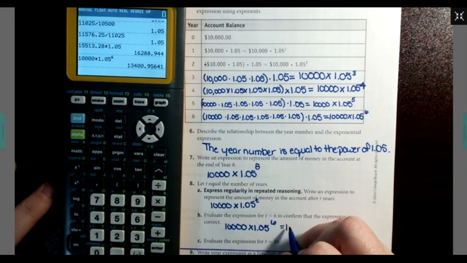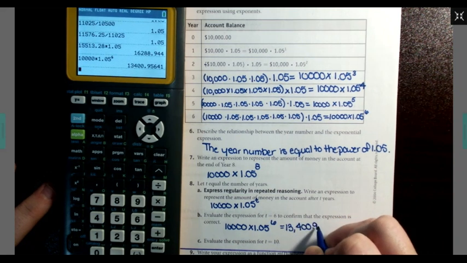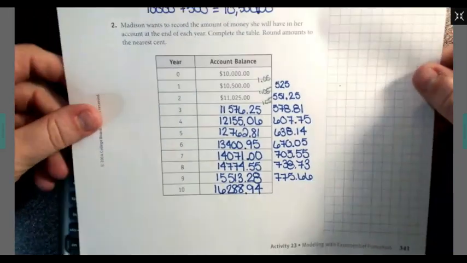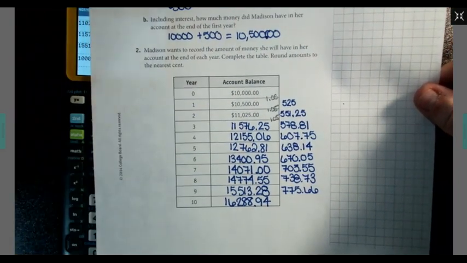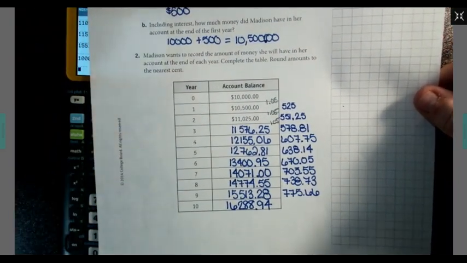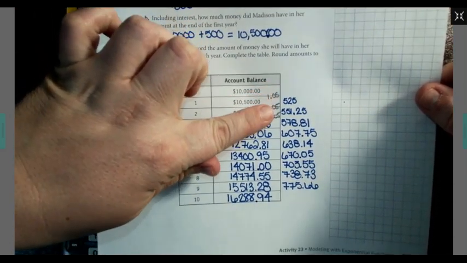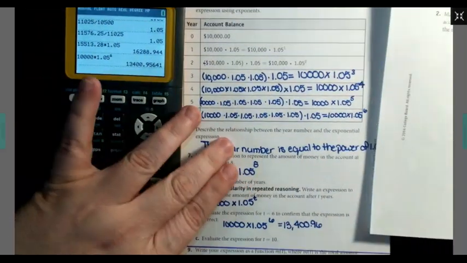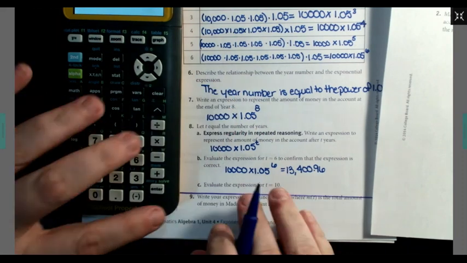I get $13,400.96. Look at that. Off by a penny. That's just because we didn't round along the way. Remember, as I was going through these, I was rounding as we went through. Here, I rounded in the very end, but it's only off by a penny.